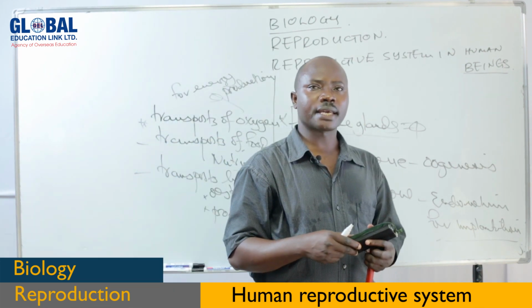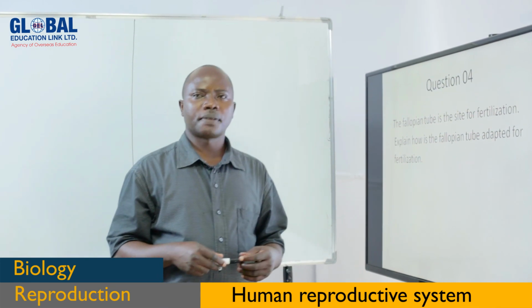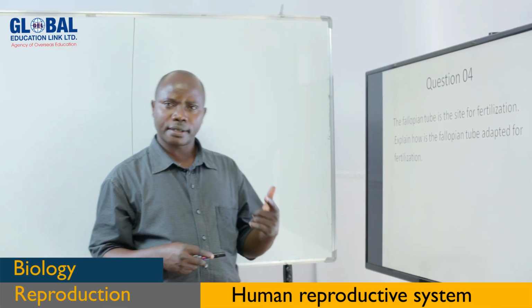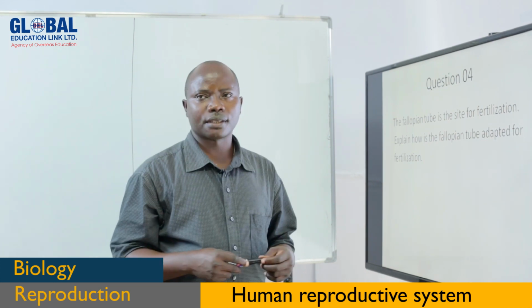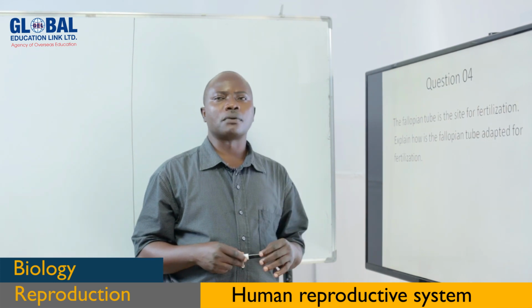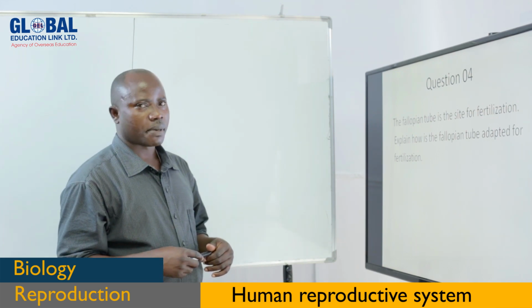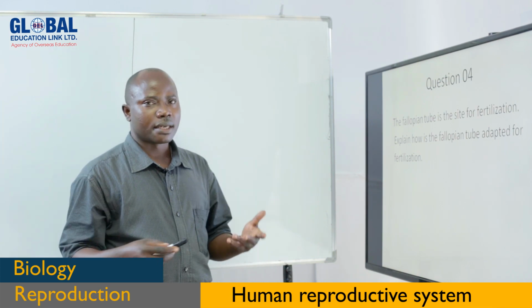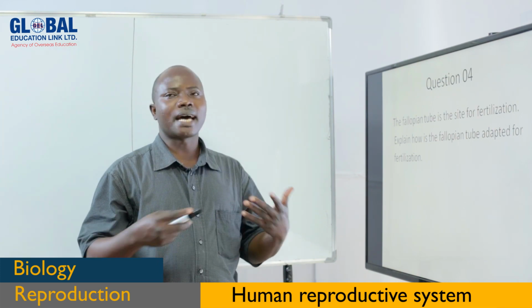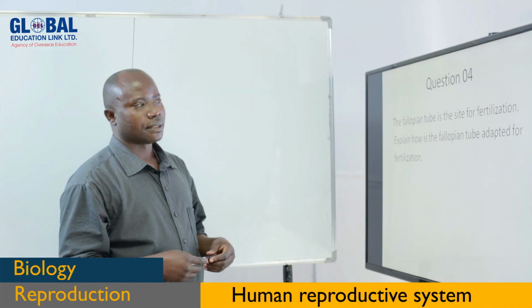this question very correctly. Dear students, I'm happy that I have done with question number 1, question number 2, and question number 3, all of them coming from the female reproductive system. But I've said before that this area can produce a large number of questions asked in different ways.